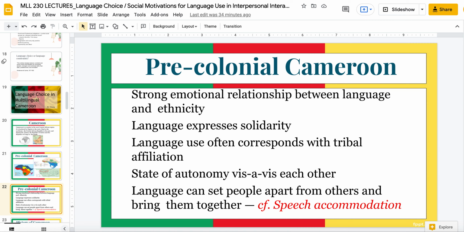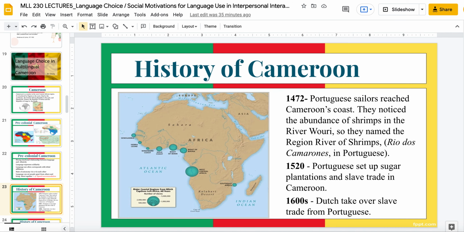Was there accommodation or was there divergence? It depended on the situation. If you were going to go to another tribe, then you better speak their language because they have a strong emotional connection.